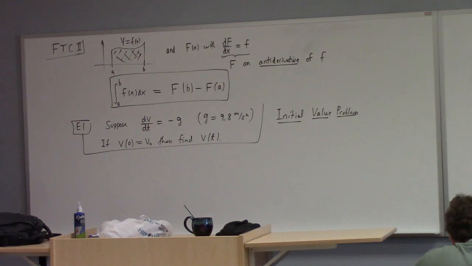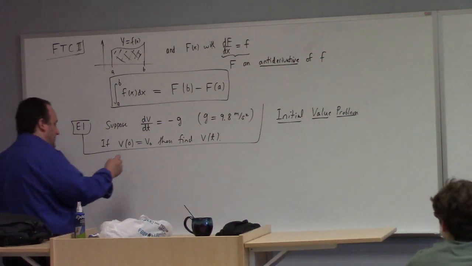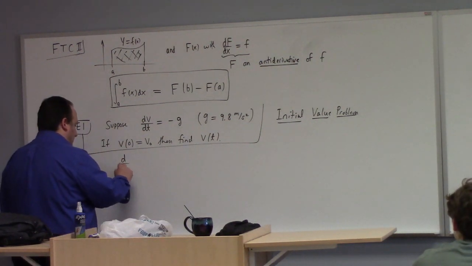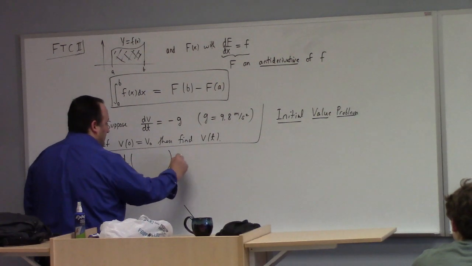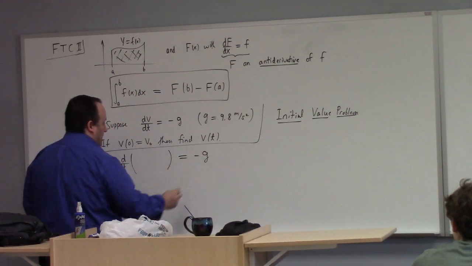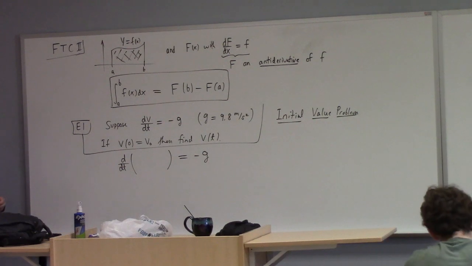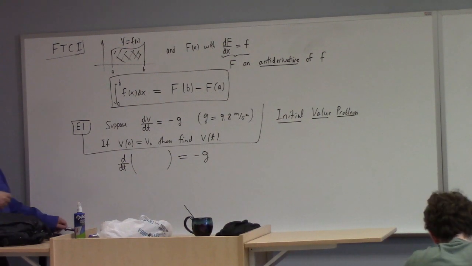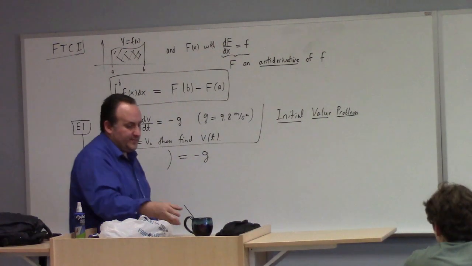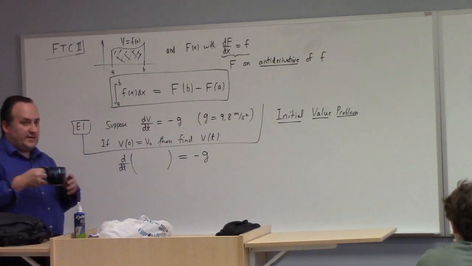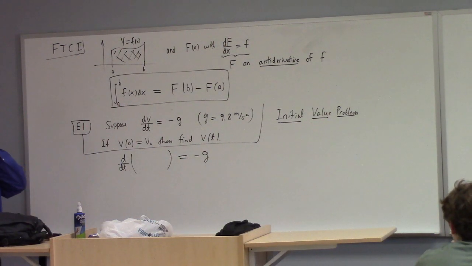So you guys tell me, fill in the blank. d/dt of what is equal to minus g? Help me out. What should I put there? What, if I differentiate with respect to time, do I get back minus g? g is a constant here.